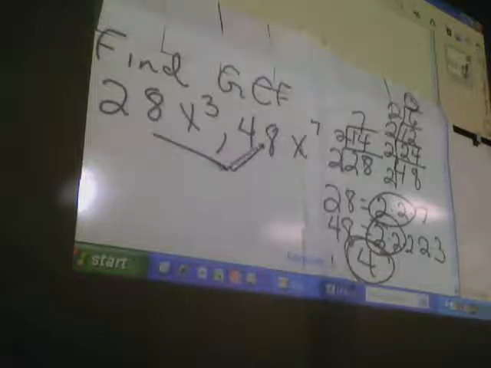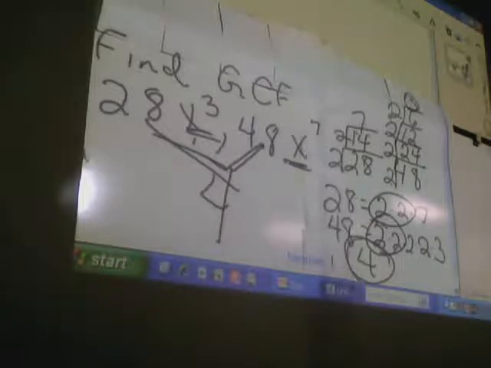So the 28 and 48, we have 4. And of the x to the 3rd and x to the 7th power, they both have at least 3 x's. X to the 3rd power is x times x times x. X to the 7th power is 1, 2, 3, 4, 5, 6, 7, right? They have 3 of them in common.